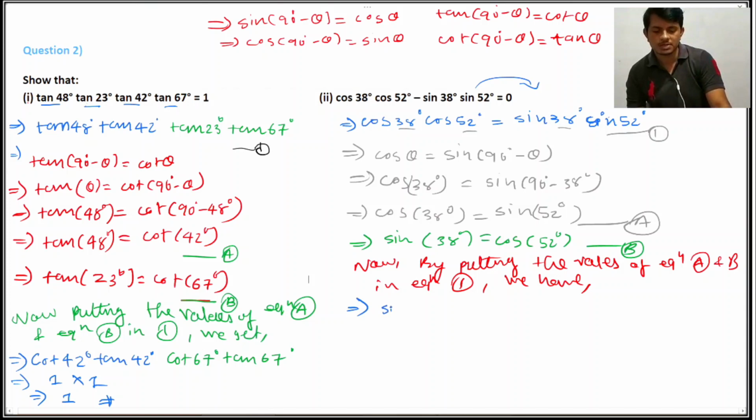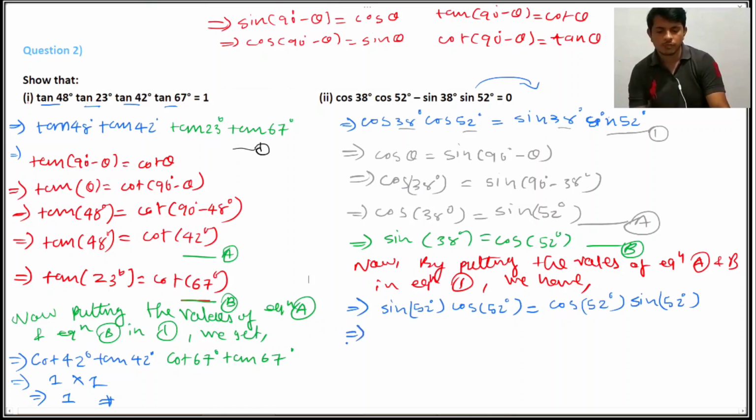So it became sin 52 degree multiplied by cos 52 degree, equal to, we have sin 38 degree. And we already know from equation B that sin 38 degree is equal to cos 52 degree. Just replace it by cos 52 degree, and this sin 52 degree as it is.